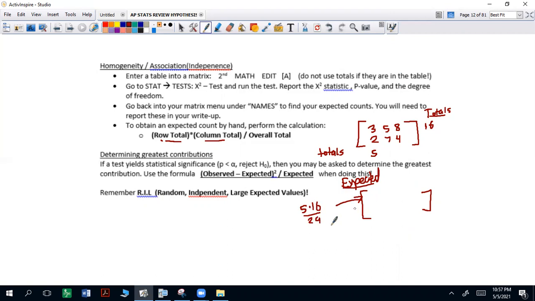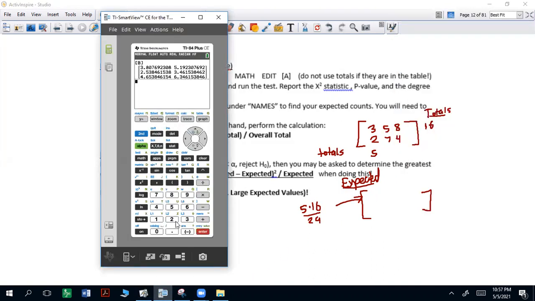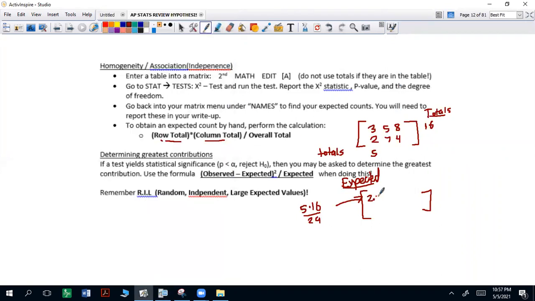And whatever that number is going to be is the expected. So I'll do that one here so you can see. And that would be about 2.76. And then you do that for all of those: row total times column total divided by overall. So that's what that is.